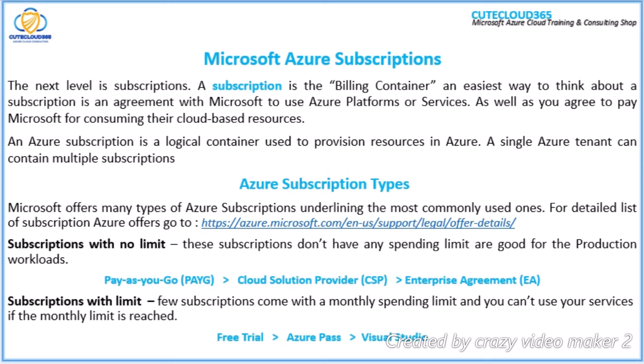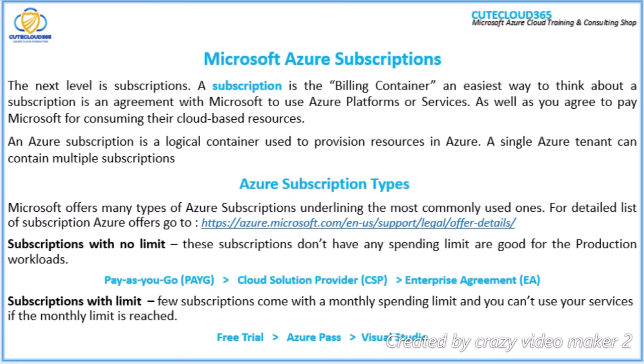Mainly, you can categorize subscriptions into two different categories. The first category is subscriptions with no limit. There are some subscriptions that don't have any spending limit and are good for production workloads, meaning you can pay as you go.